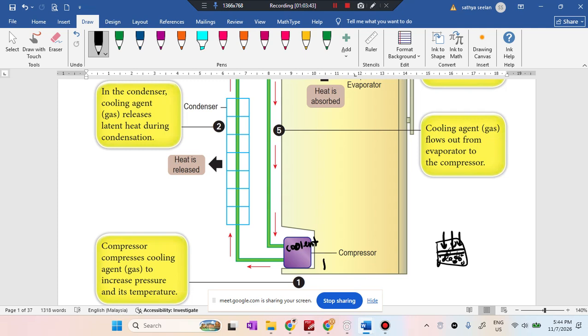So as a result, the temperature increases and the pressure increases.